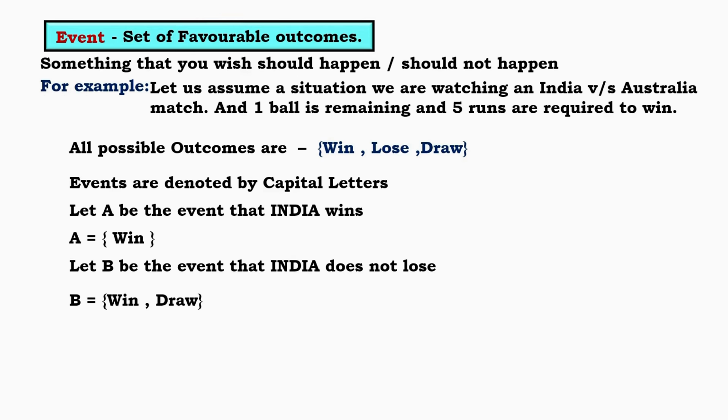There is only one chance of winning, so that will be 1 by 3. If I ask what is the probability that India doesn't lose, there are two favorable outcomes, one is win and another is draw. So 2 divided by all possible outcomes, which is 3, so it will be 2 by 3.